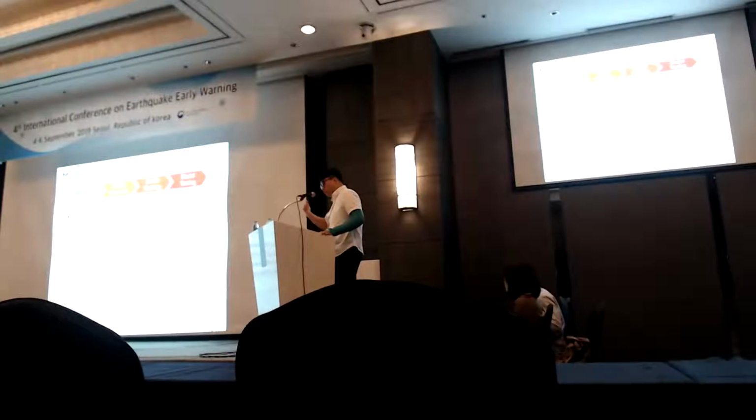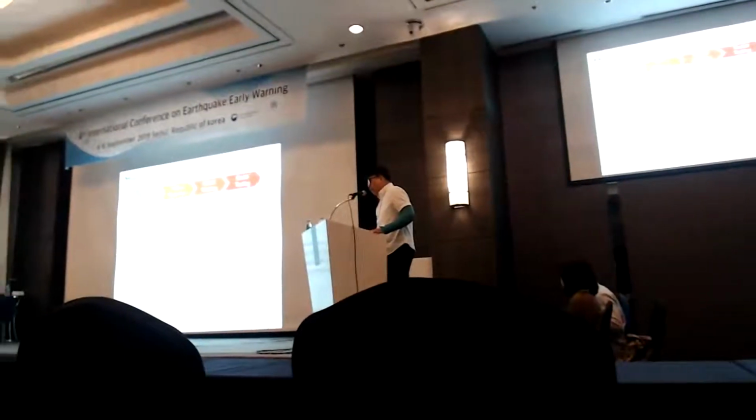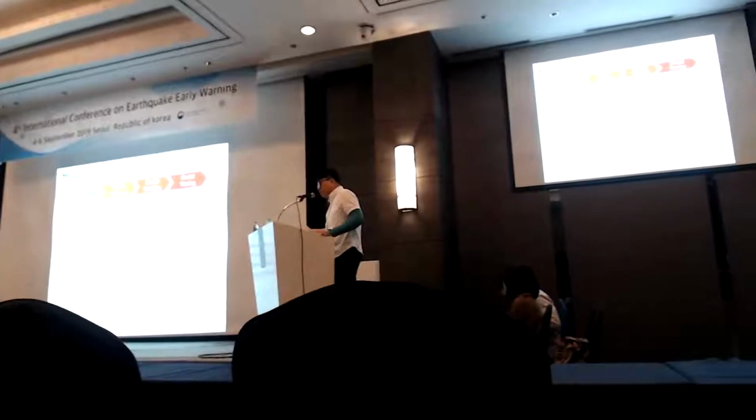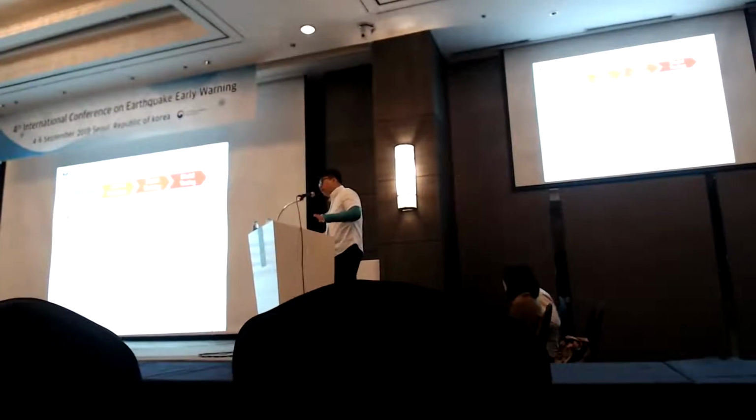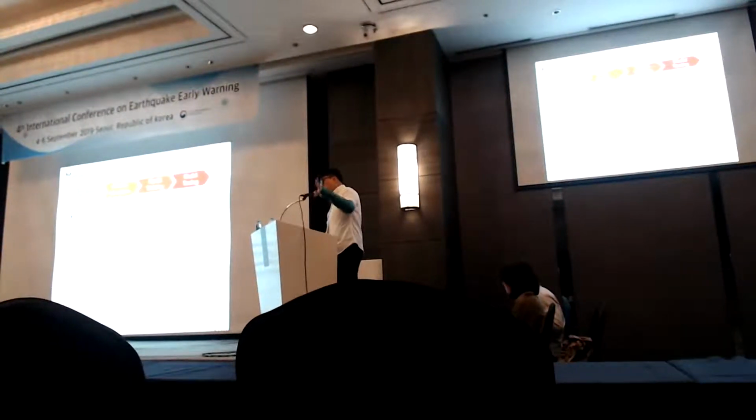However, we change the weight values for earthquake samples and the non-earthquake samples. For example, we have fewer samples in the earthquake class, so we increase the weight values for the earthquake samples, and we lower the weight for the non-earthquake samples.